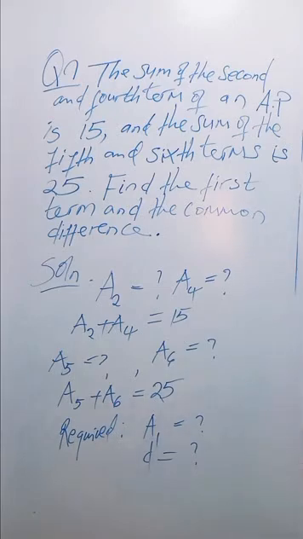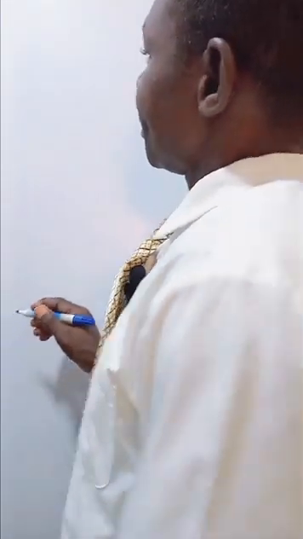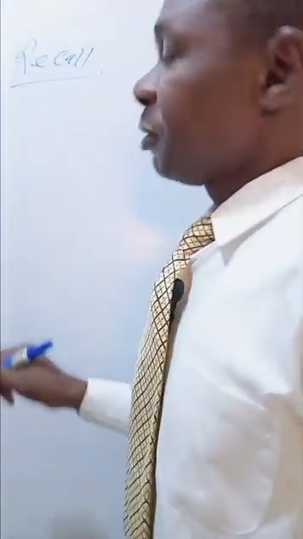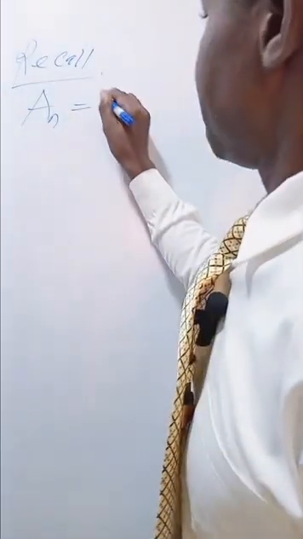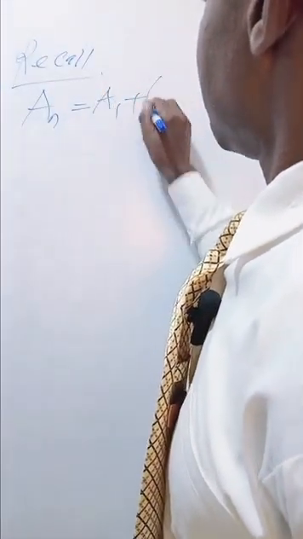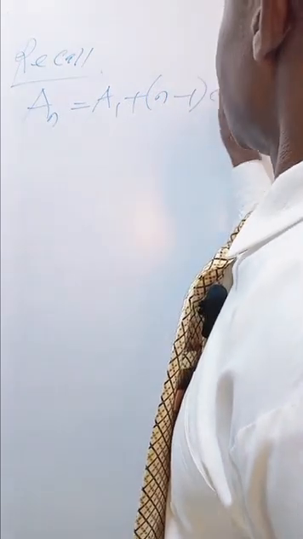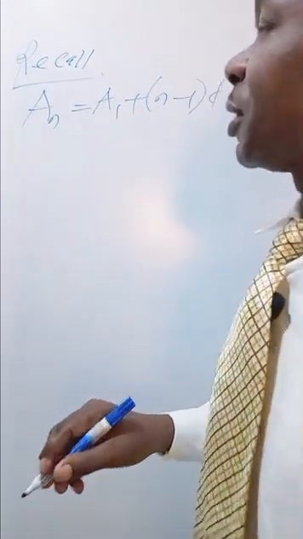Then how do we go about this? Okay, look here. One thing we have to know for sure is the general term for an AP. So let us recall, for an AP, the nth term is given by the first term, plus n minus 1 times the common difference.